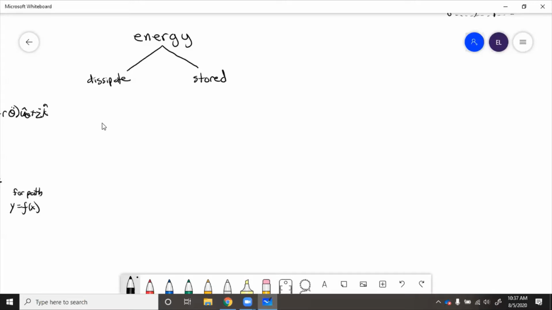So dissipated is path dependent. If you're pushing something along the ground and there's friction, going straight from point A to point B takes less energy than pushing it all the way around the room first and then to point B. And this is by non-conservative forces.